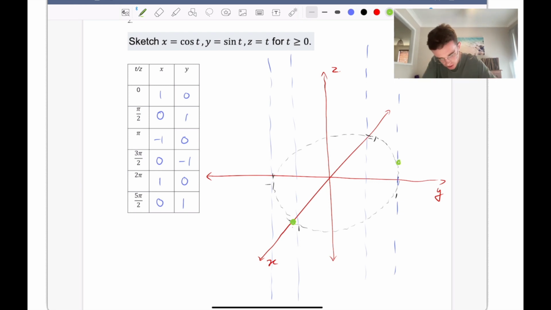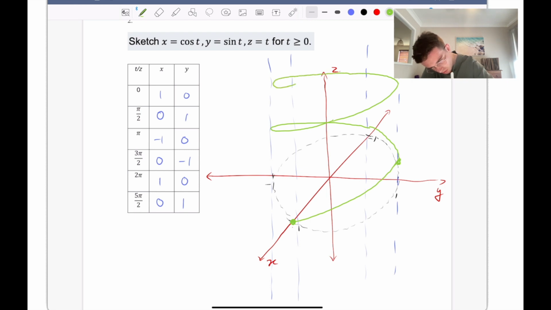So we're going from here up to here. Then we're going from here to here. Then we're going across to this one, and then up to that one, and then across to this one, and then over to that one, across, and so on like that.